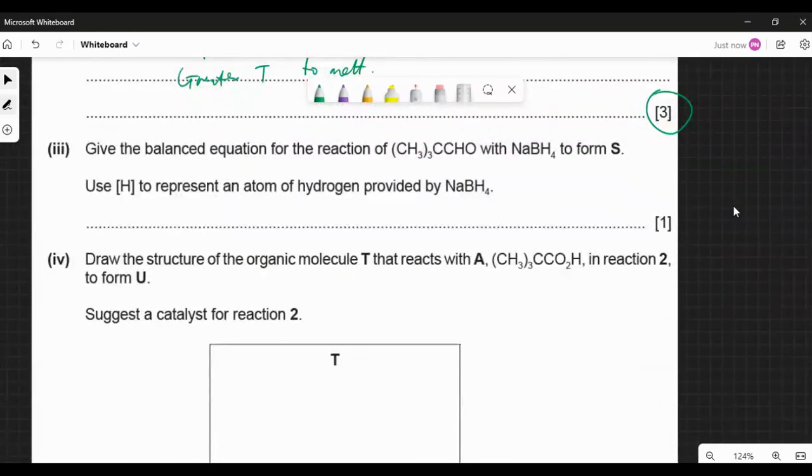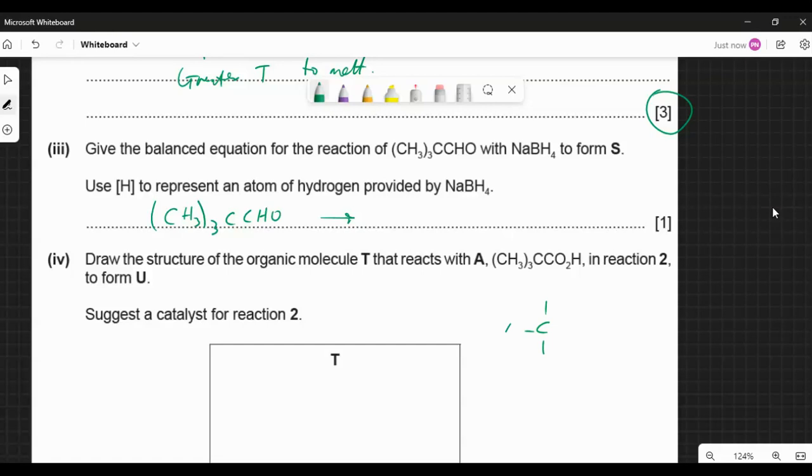Give the balanced equation for the reaction of that with that to form S, and we can use H as our reducing agent. Okay, so let's have a look at this. CH3 3 times, CCHO. And this, what are we adding on? I'll have to write this out because I'm horrible.